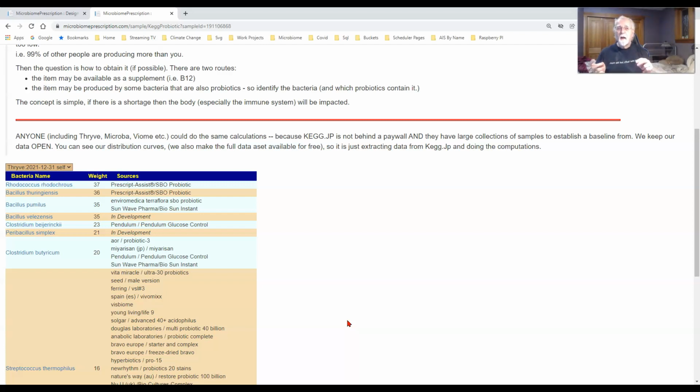And we calculate out where you seem to be deficient in certain enzymes, and then we go over and look at the probiotics which produce those enzymes and say, hey, you're not getting enough of this particular enzyme, and this probiotic produces it. Logical is to provide the enzymes via the probiotic that produces it. So this is sort of a more obtuse or inferred way, but it does produce some interesting things because it makes suggestions which are not based on something having done a clinical study.